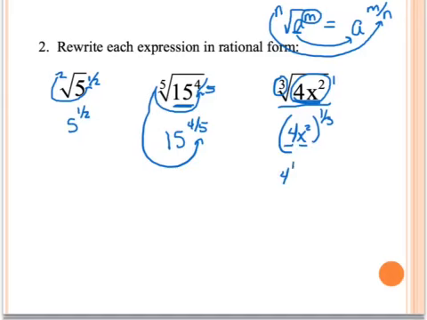So this is 4 to the 1/3 times x squared to the 1/3. And what happens when you raise a power to a power? Well, hopefully you said we multiply them. So this is really 4 to the 1/3 times x to the 2/3, because 2 times 1/3 is 2/3.